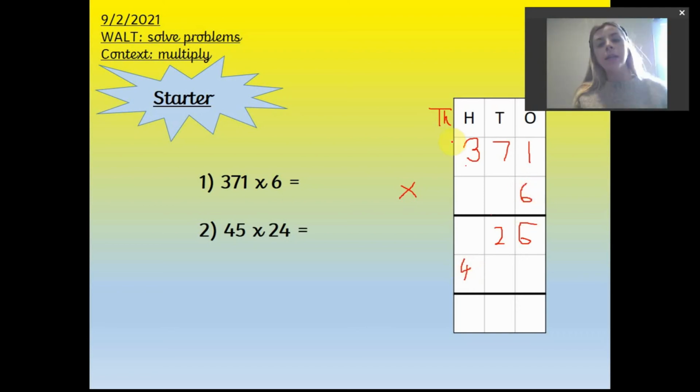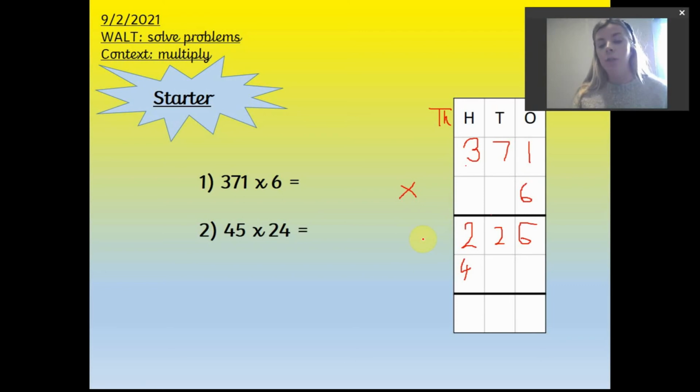Then finally I need to do 6 times 300. So 6 times 3 is 18. So 6 times 300 will be 1,800. Now, if I do 6 times 3 is 18, I add the 4 is 22. So 6 times 300 will be 1,800. Add the 4 will be 2,200. So if I put my 200 there, and look, I've got nothing in my thousands column, so I can put it straight.